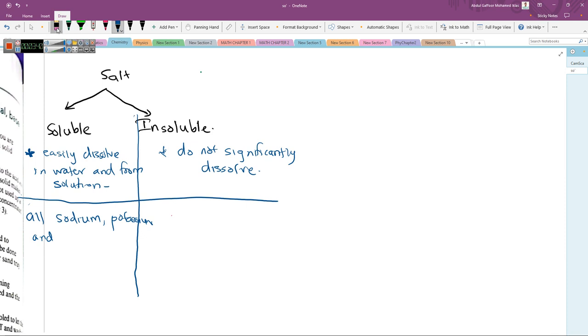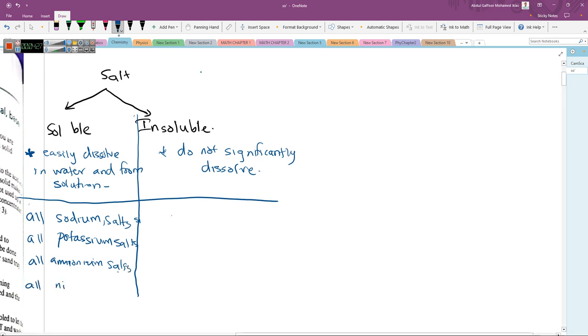I'm just writing over here. All sodium salts, all potassium salts, all ammonium salts, and all nitrates are soluble.